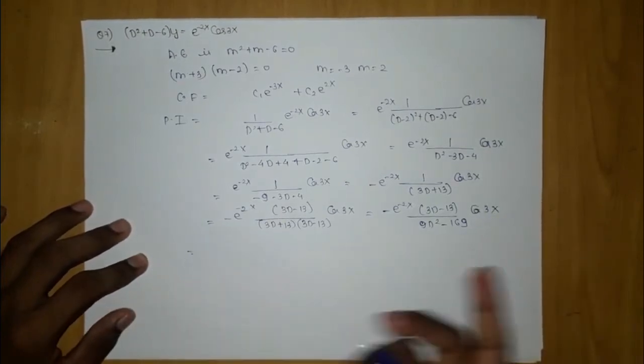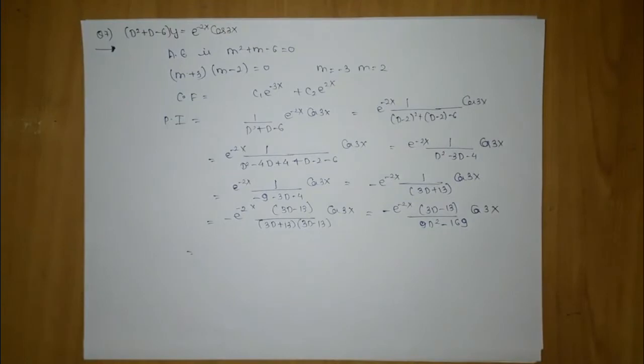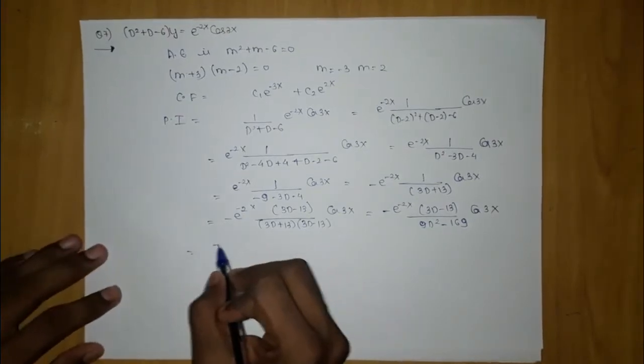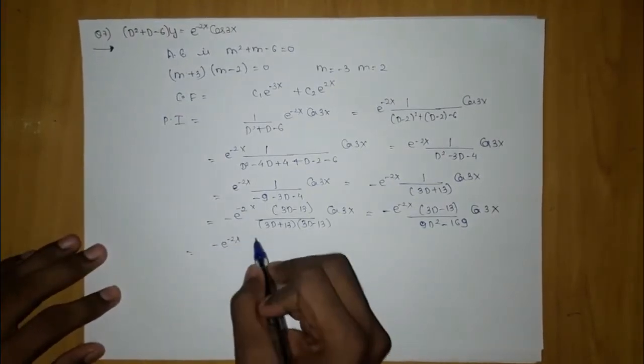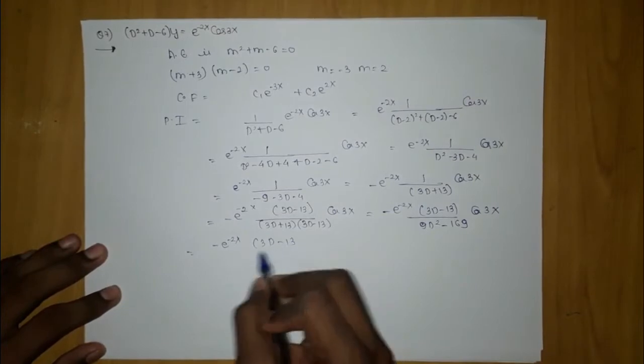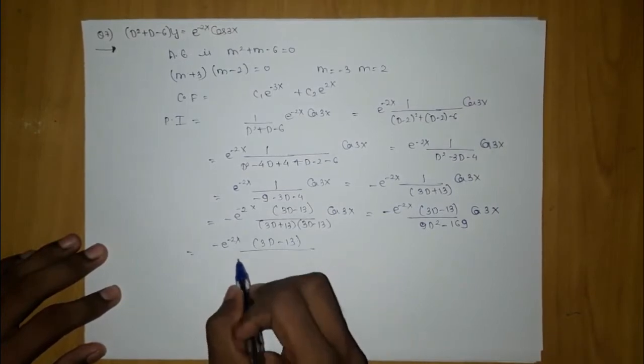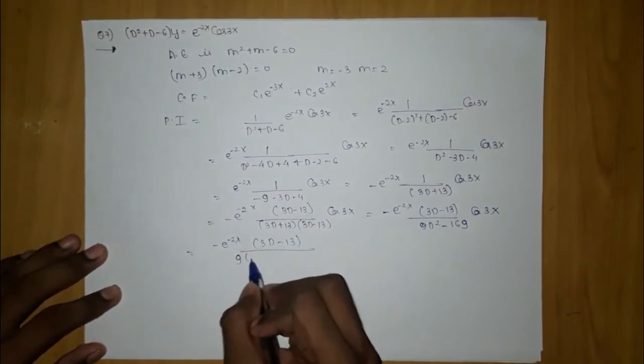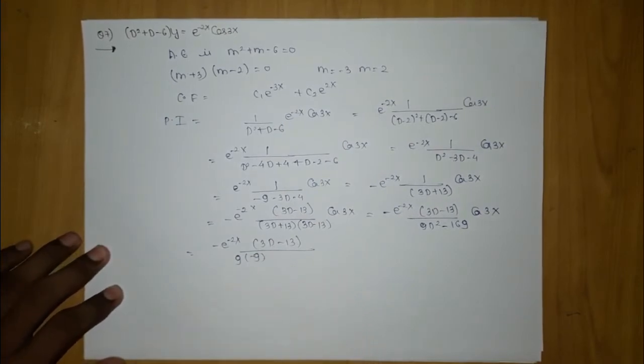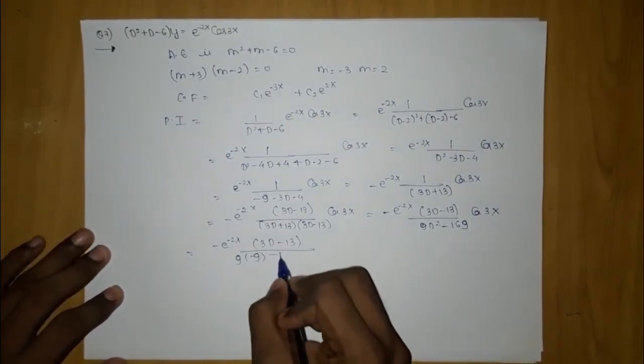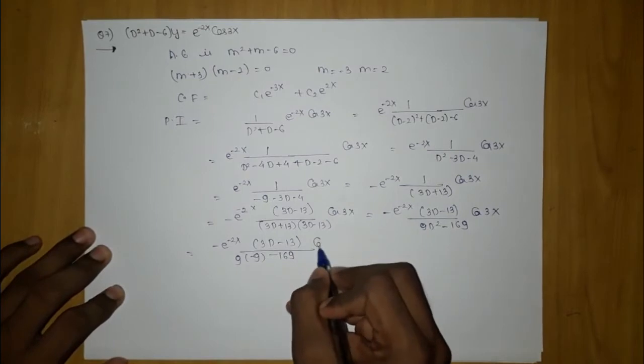After this, we will resubstitute D square by minus a square, which gives minus e to the power minus 2x into (3D minus 13) the whole upon 9 into minus 9 minus 169, cos 3x.